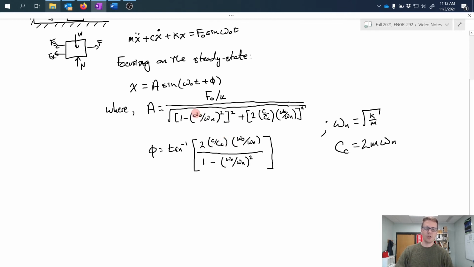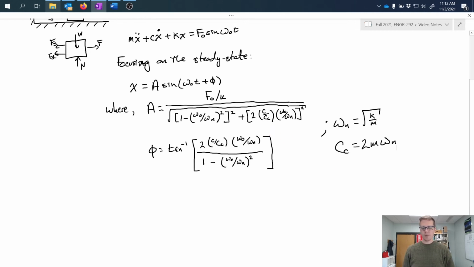One is the ratio of the forced input frequency to the natural frequency, and then we have the ratio of the damping coefficient to the critical damping coefficient. So both of those things are going to be useful in evaluating what's going on. We often would know or be able to calculate the natural frequency omega n, and c over c c is the damping factor.